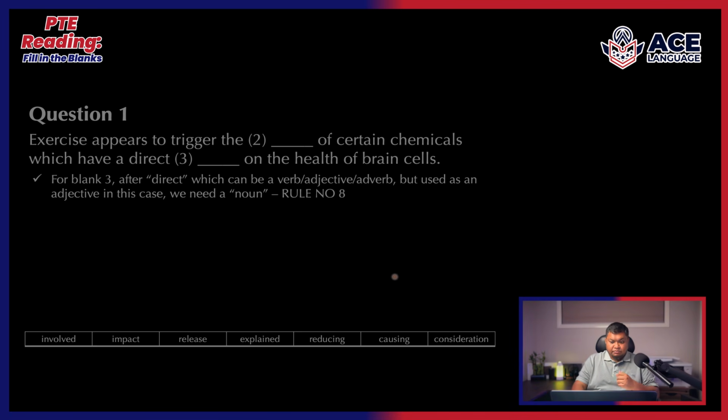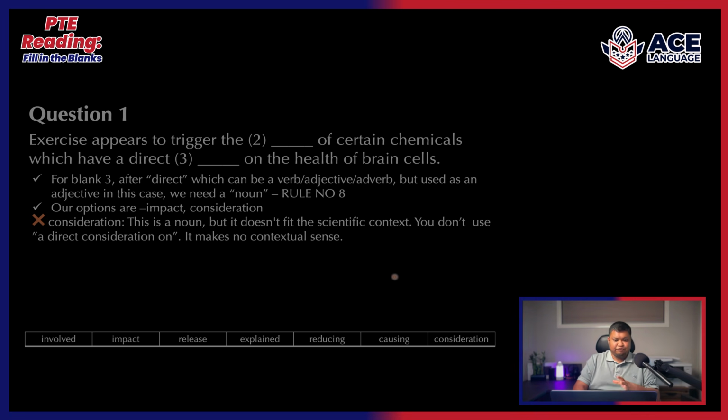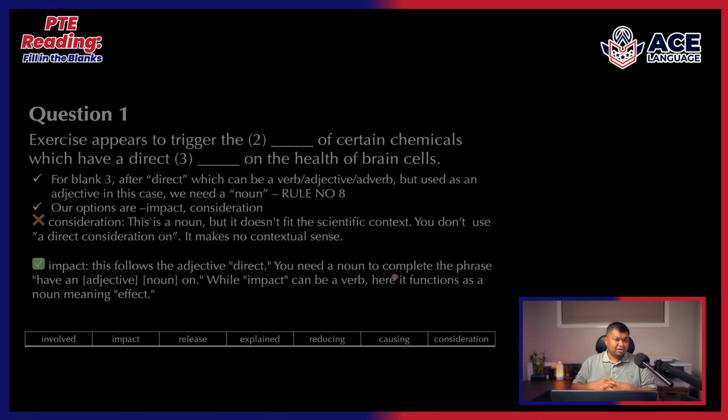So, it's my bad, it's the other way around. That means if we have an article and after that we have an adjective, then we need a noun. My bad. So that means we need a noun in this case, and options are, of course, impact and consideration. Consideration is a noun for sure, but it doesn't fit again the scientific context, and impact fits the context.